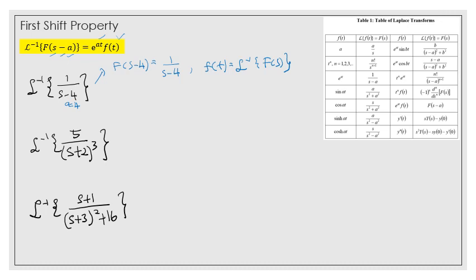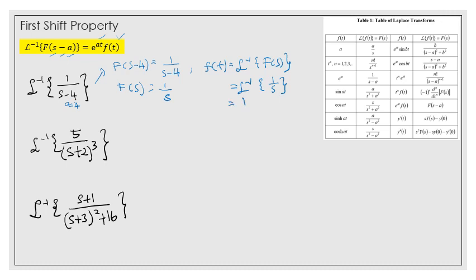What if we change into F(s)? It means every single s minus 4 must be substituted with s. So 1 over s minus 4 will become 1 over s. So we just substitute into this formula. Inverse Laplace of F(s) is equal to 1 over s, and then we get the answer equal to 1.